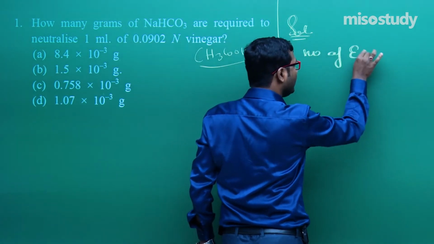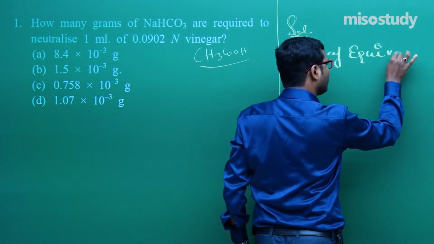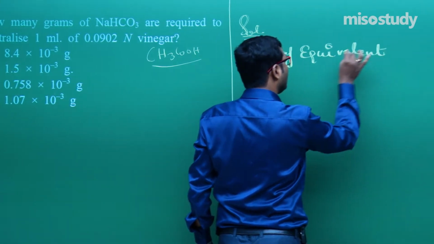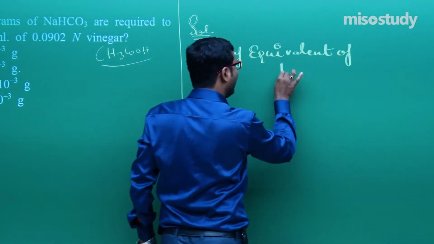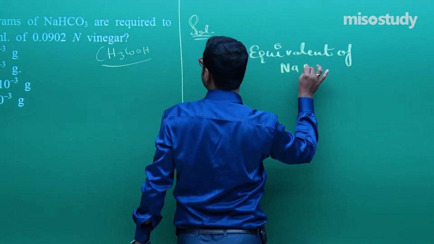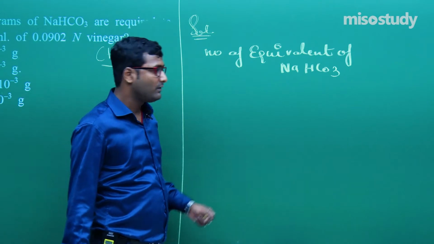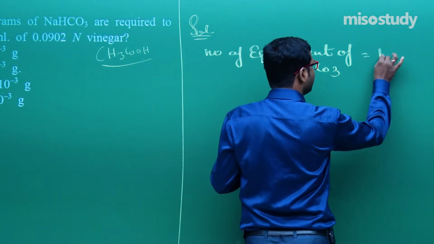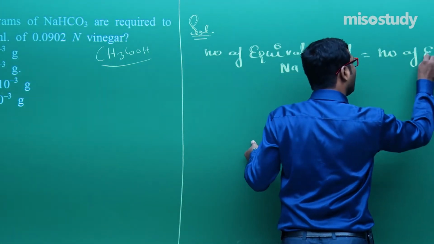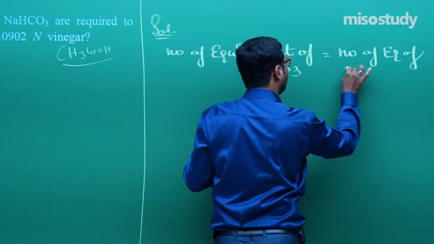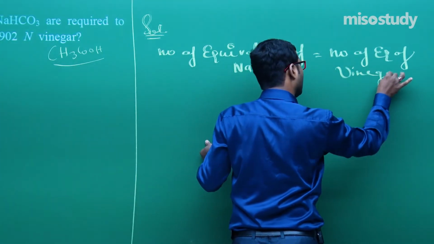Number of equivalents of NaHCO3 is equal to number of equivalents of vinegar. What is vinegar?